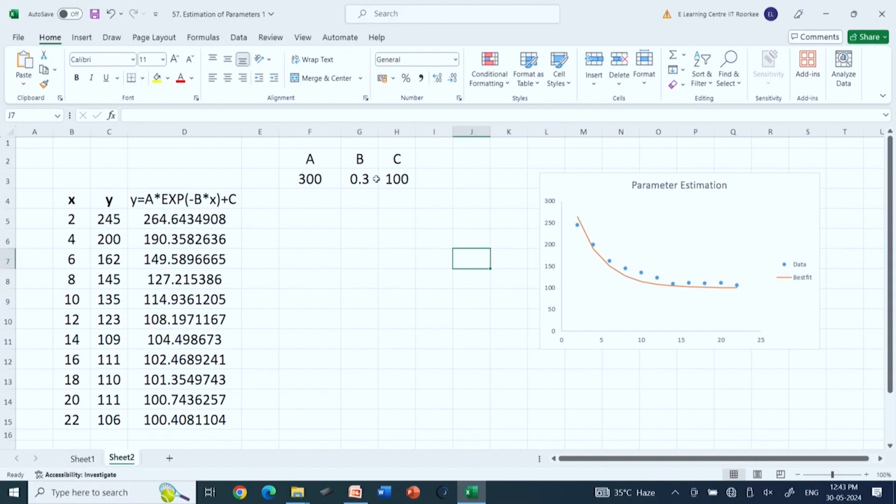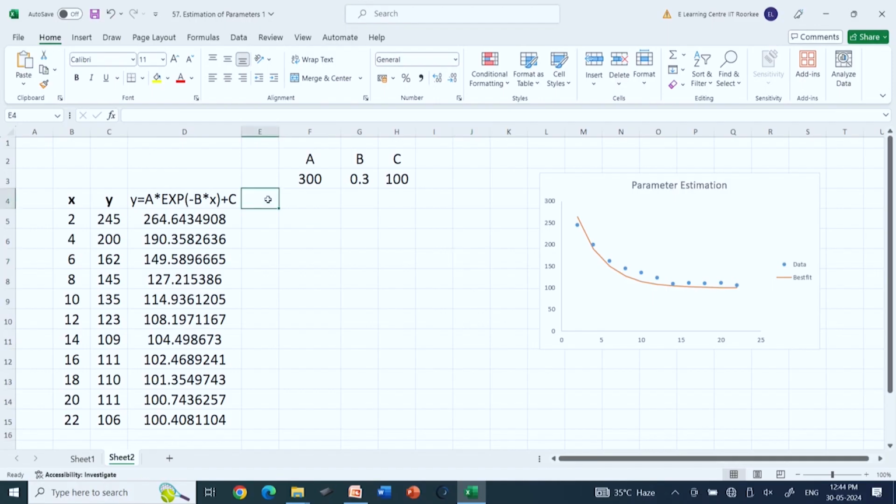But what is the best combination of A, B and C? That we have to calculate using the method of least squares. This is the y value which you got from the data, and this is the predicted value.